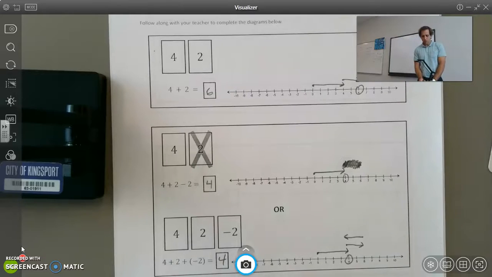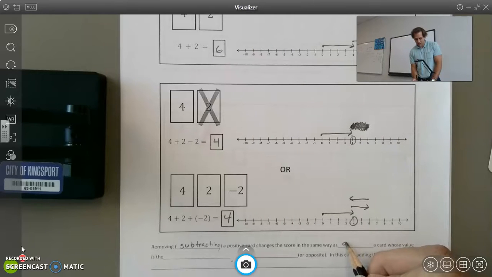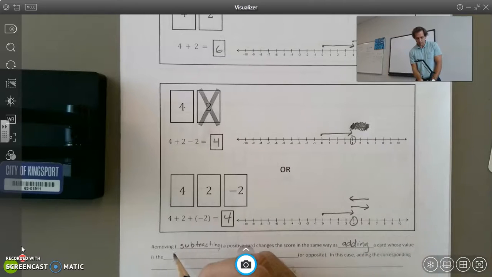So what we might want to say about this is removing or subtracting a positive card changes the score in the same way as adding a card whose value is the additive inverse or the opposite.